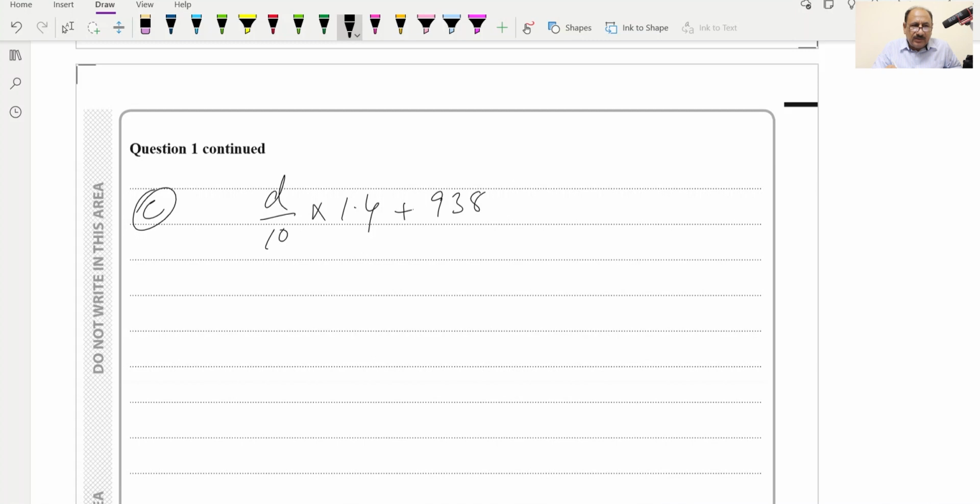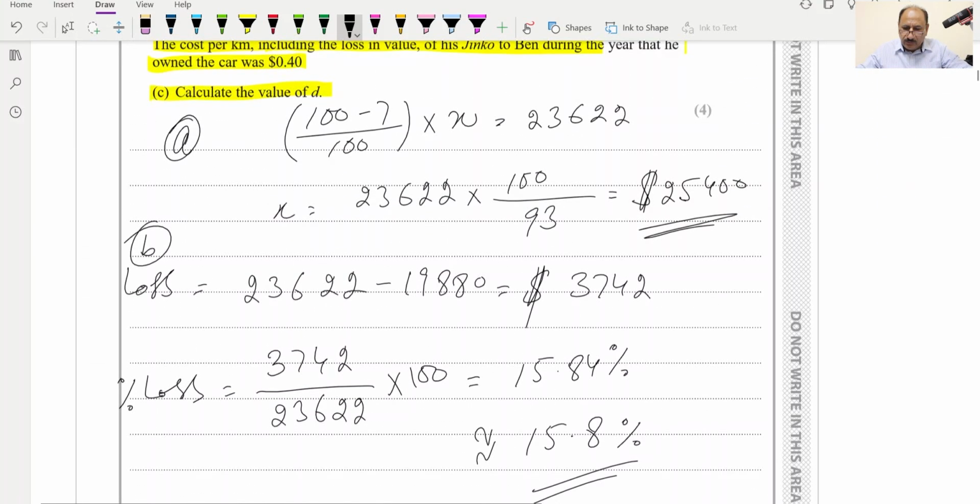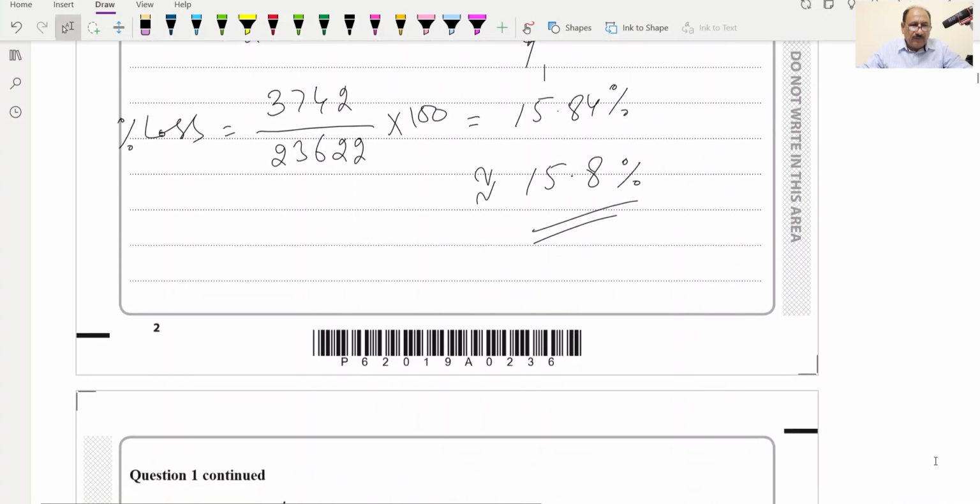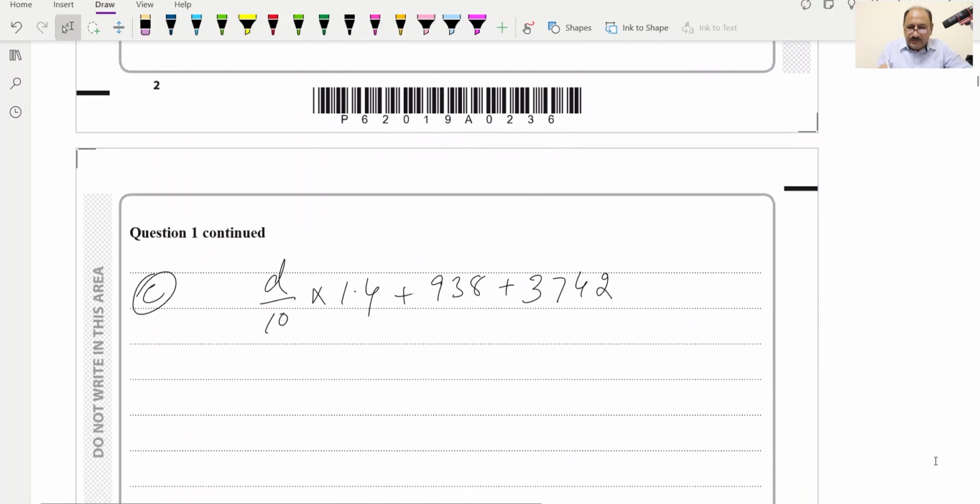So 938 plus 3742, which we have already calculated, which is over here, this loss. So this loss also we have added in this, and this is equal to 0.4D, which is also given. Now we can simplify this.